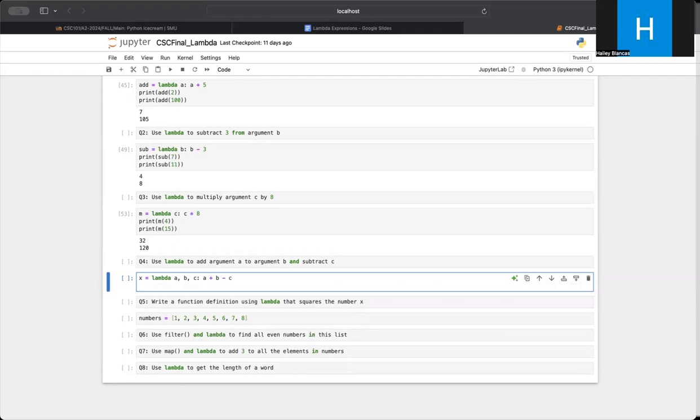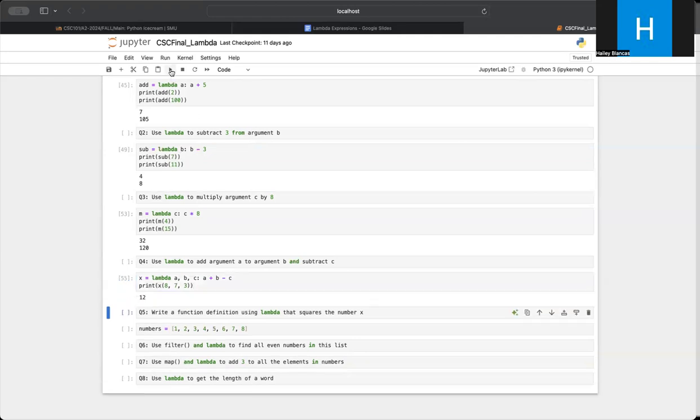Let's try this. We're going to print our function x, and then we write our numbers in the same order as the variables. So we're going to let a equal 8, b equal 7, and c equal 3. 8 plus 7 is equal to 15, and 15 minus 3 equals 12, so this trial ran correctly.